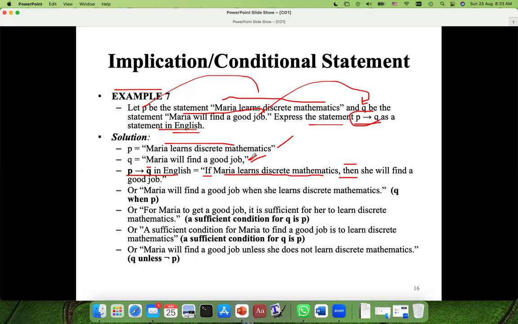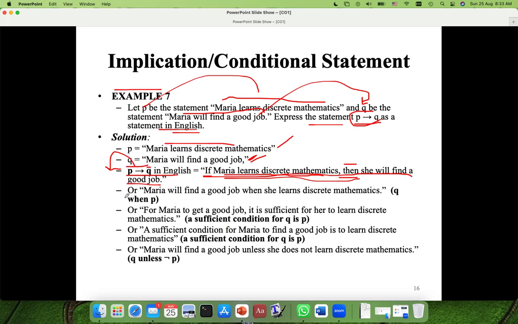This sentence: Maria will find a good job, or she will find a good job. That's okay. So now this whole sentence is equivalent to P implies Q. But that is the formula in mathematics, and this is an English sentence.